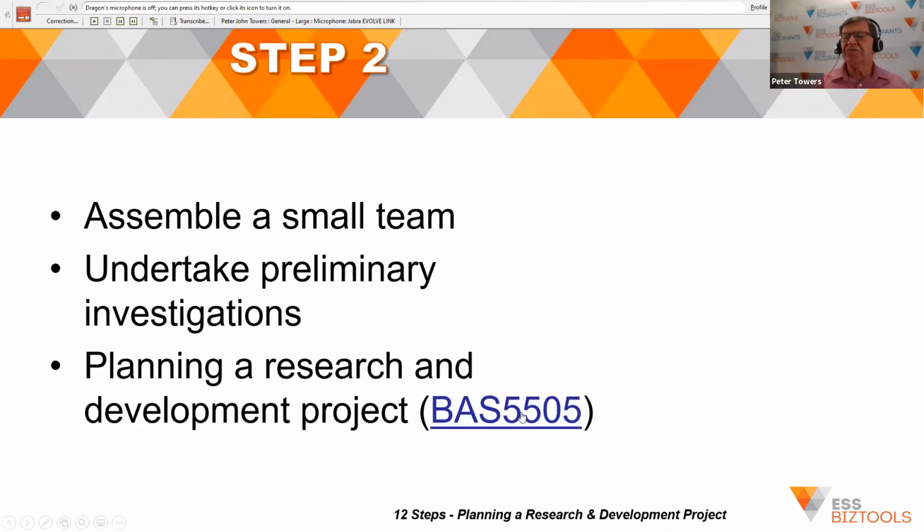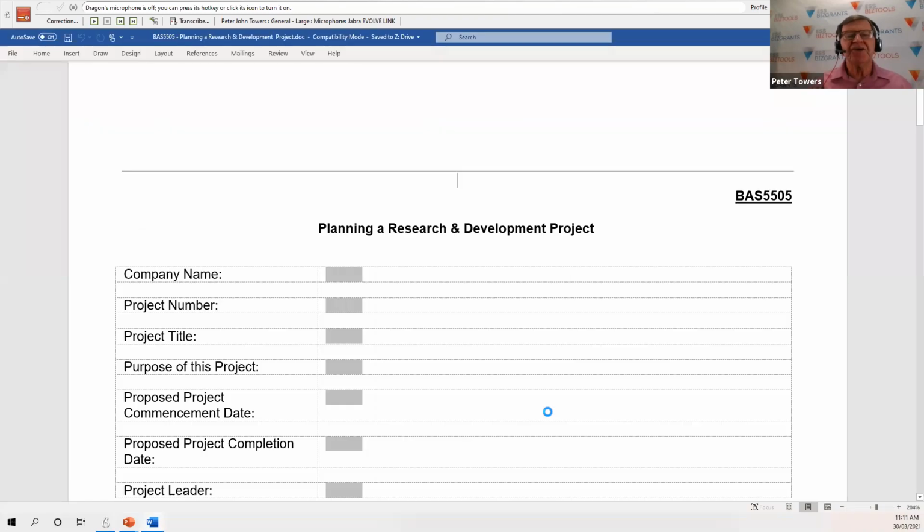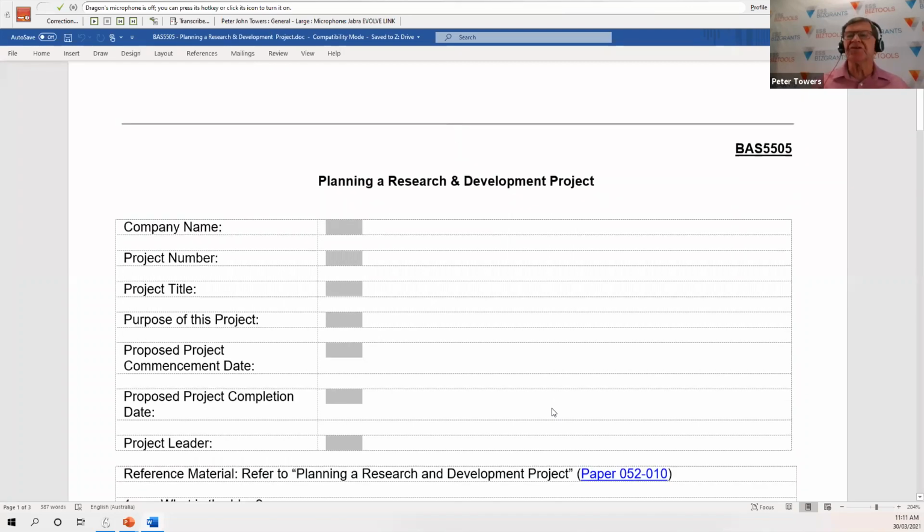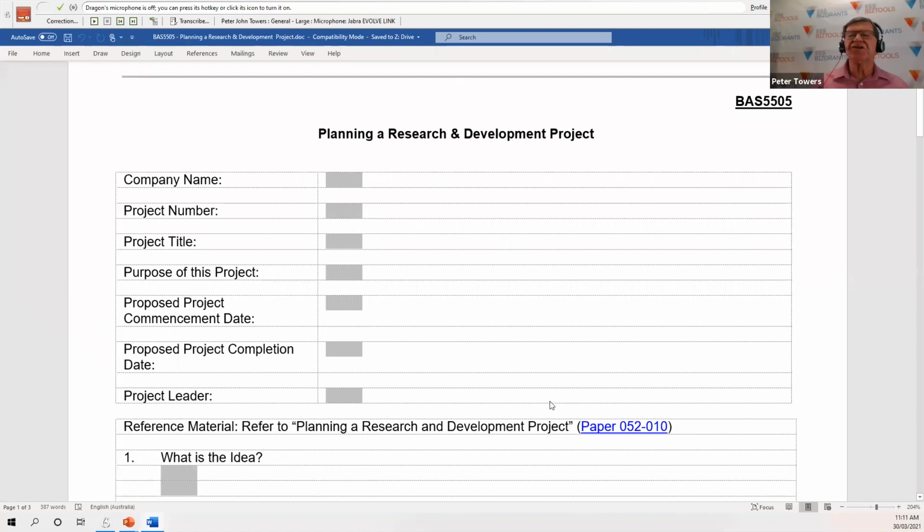And we have a special form which assists in the planning a research and development project, because there's substantial taxation benefits from undertaking these activities, but your client will not be able to claim them unless they have completed the required paperwork. And here's some of the forms that we think will assist. Planning a research and development project.